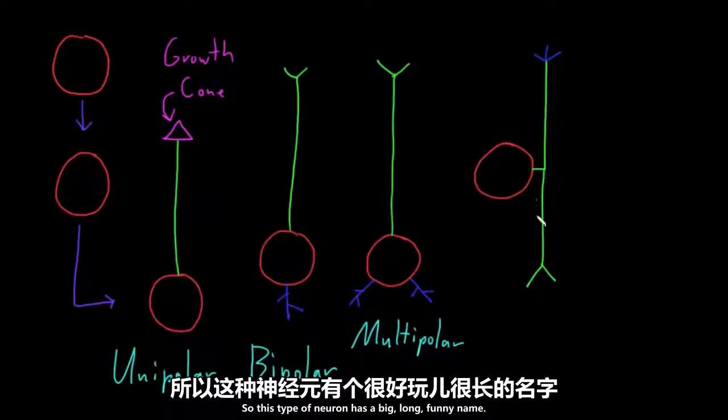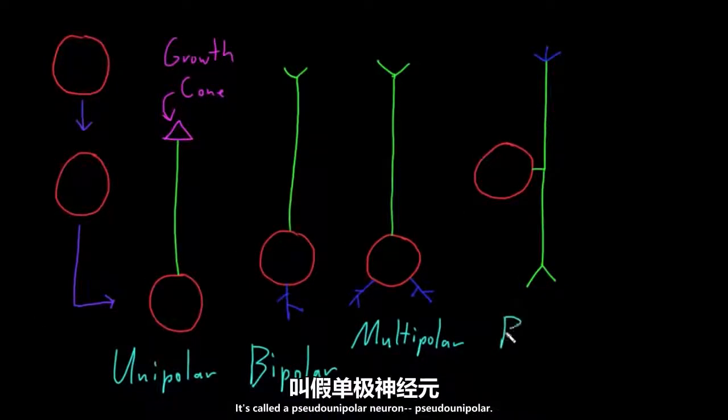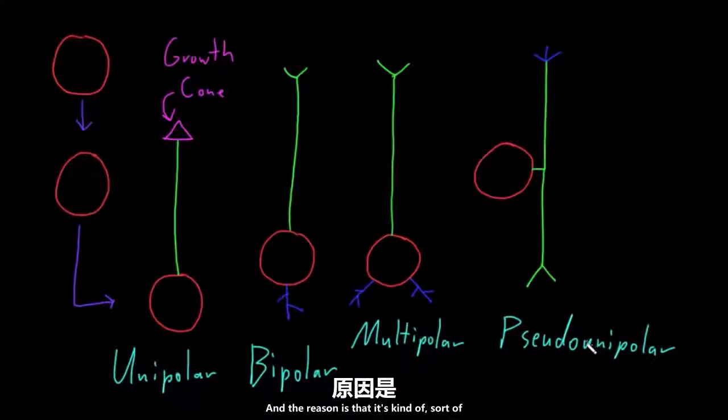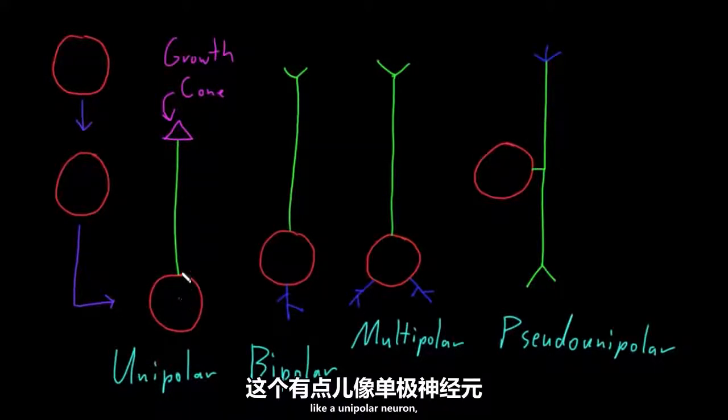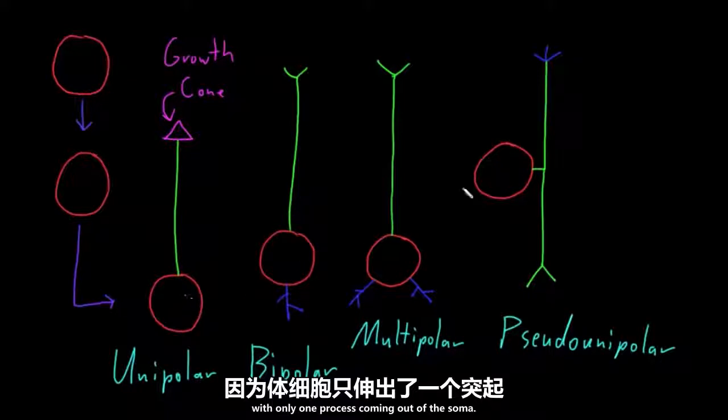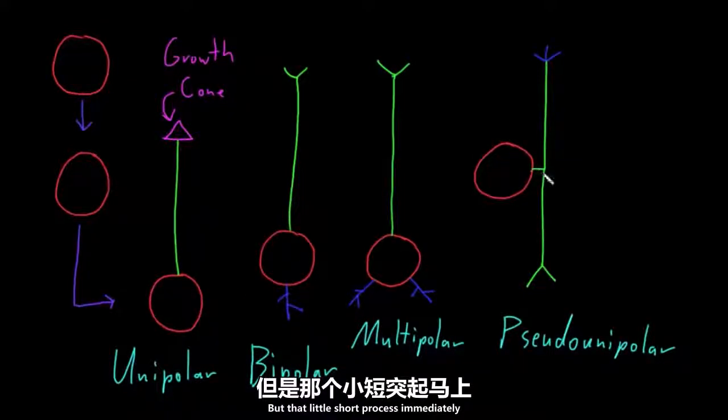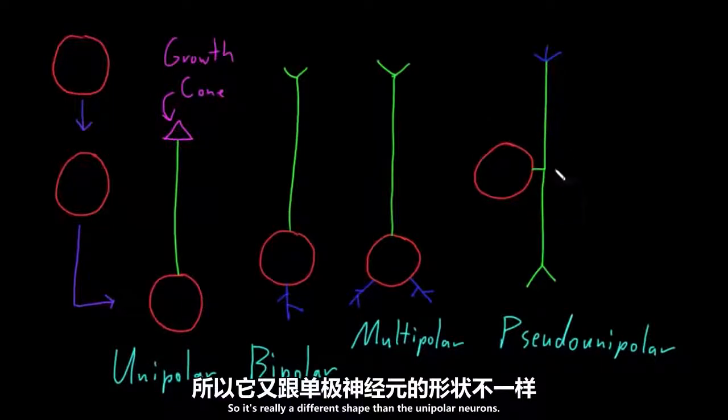So this type of neuron has a big, long, funny name. It's called a pseudo-unipolar neuron. Pseudo-unipolar. And the reason is that it's kind of sort of like a unipolar neuron with only one process coming out of the soma, but that little short process immediately splits into these two long axons. So it's really a different shape than the unipolar neurons.